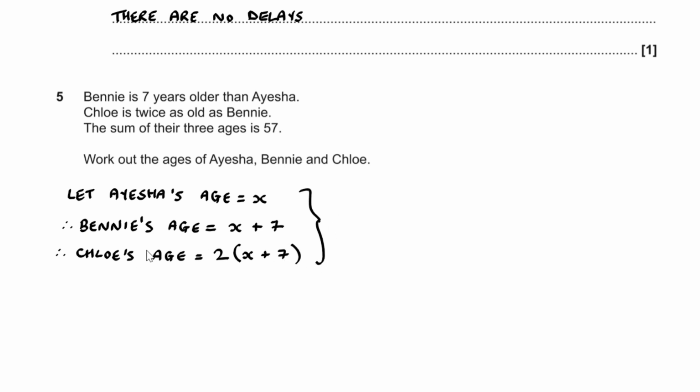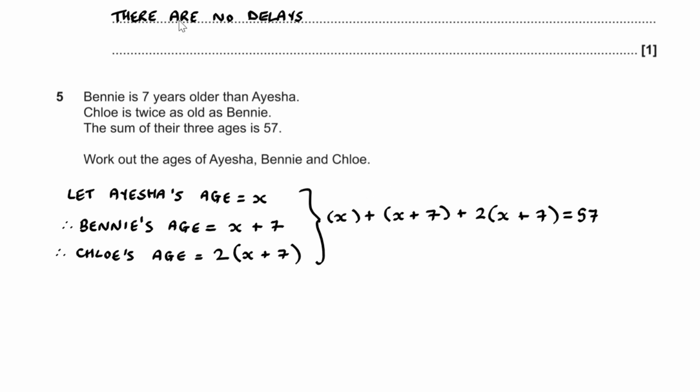And the total of their three ages is equal to 57. So we have x for Aisha plus x plus 7 for Benny plus two lots of x plus 7 for Chloe. It turns out here we would get 57.